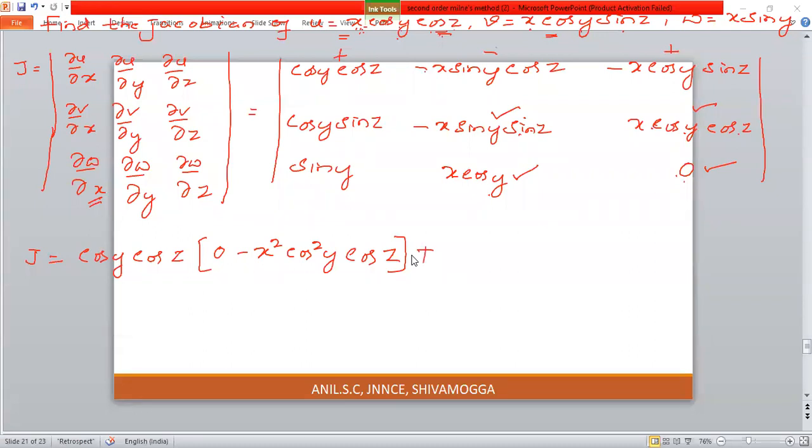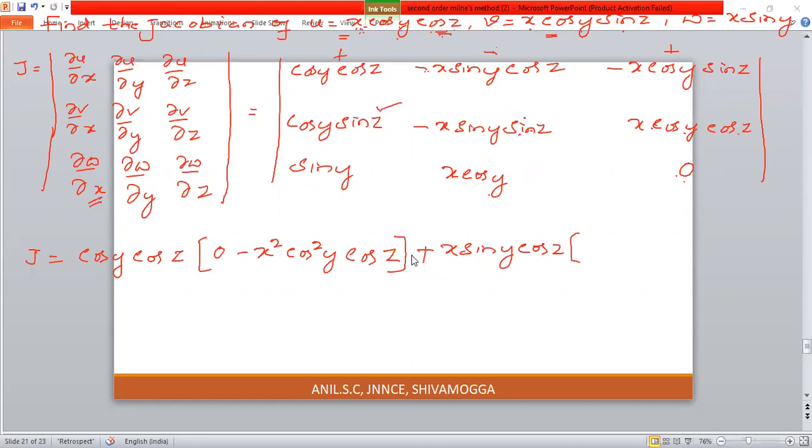Next, minus into minus is plus x sin y cos z, into now leave the row and column which contain x sin y cos z.